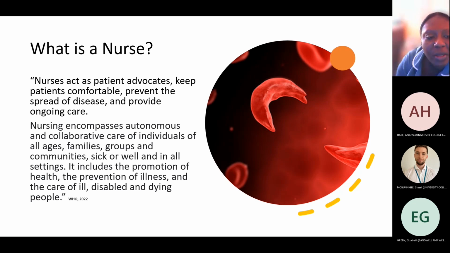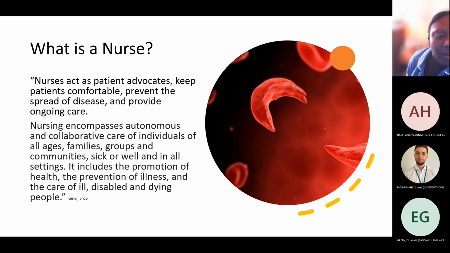Nursing encompasses autonomous and collaborative care of individuals of all ages, families, groups, and communities, sick or well, and in all settings. It includes the promotion of health, the prevention of illness, and the care of the ill, disabled, and dying people.